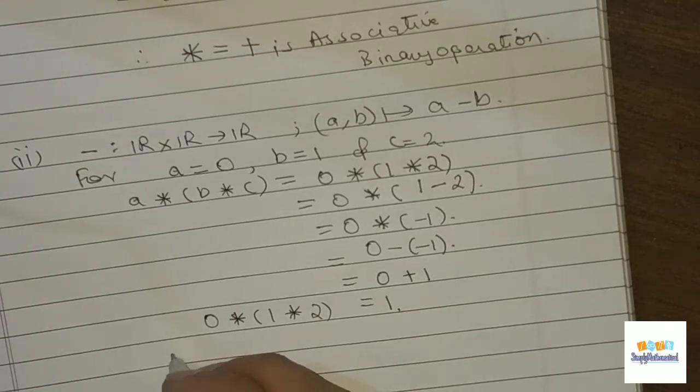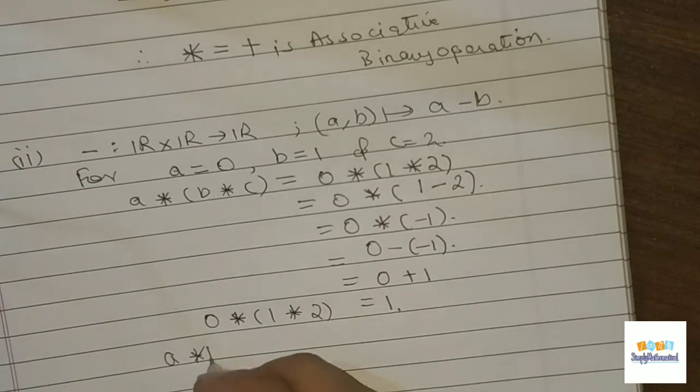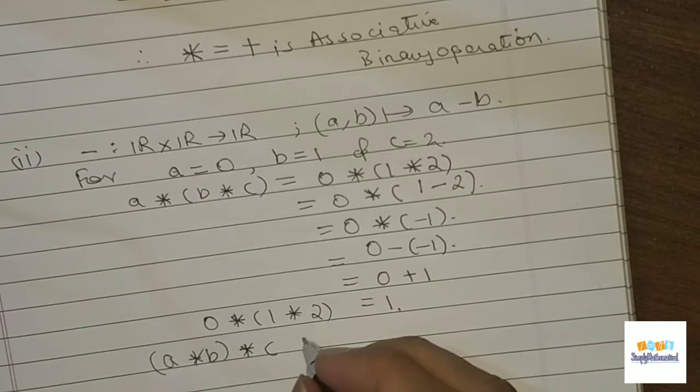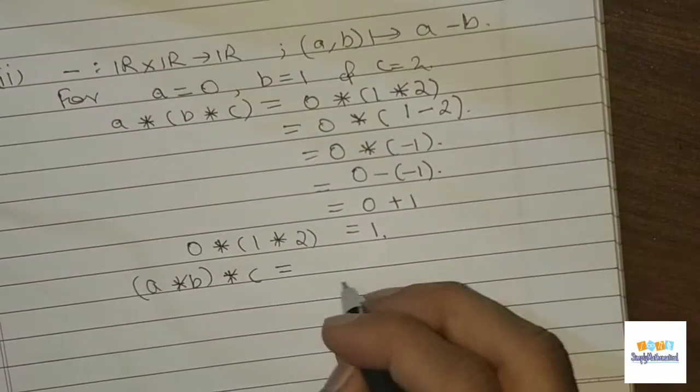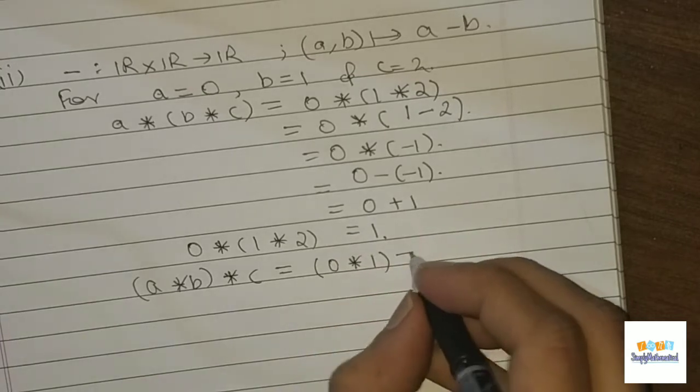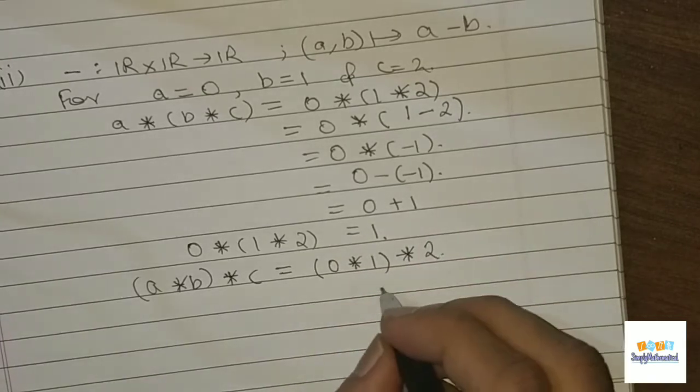And if we now look at (a star b) star c, which will be equal to (0 star 1) star 2.